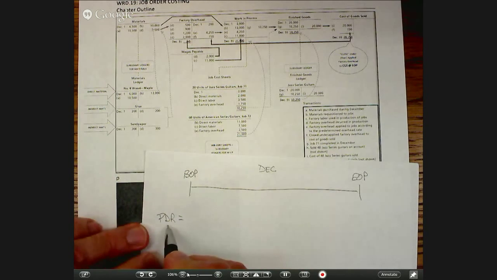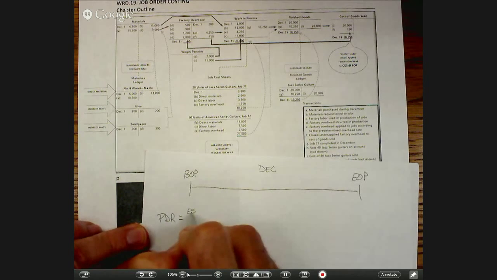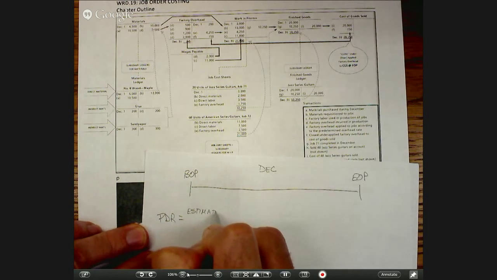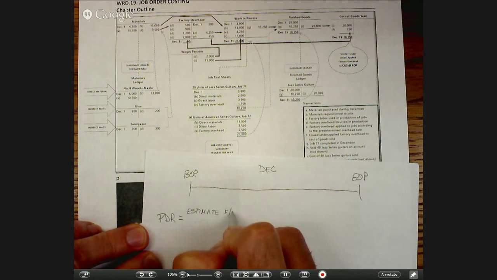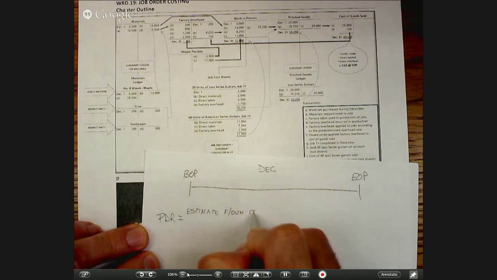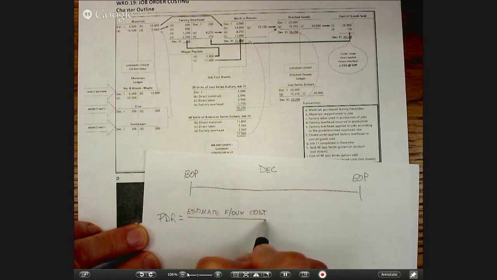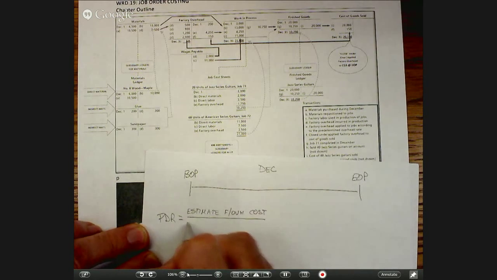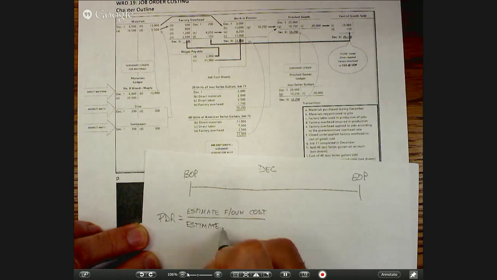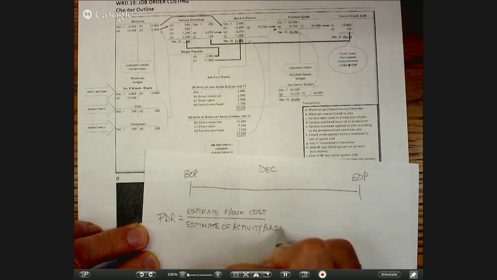The predetermined overhead rate is calculated by taking the estimate of the factory overhead cost that the company budgets or believes it would have for the month of December in this case, and divide it by the estimate of something called an activity base.